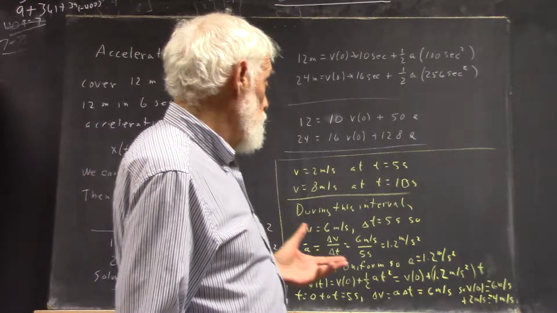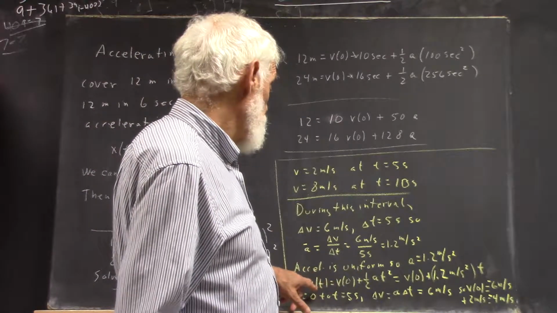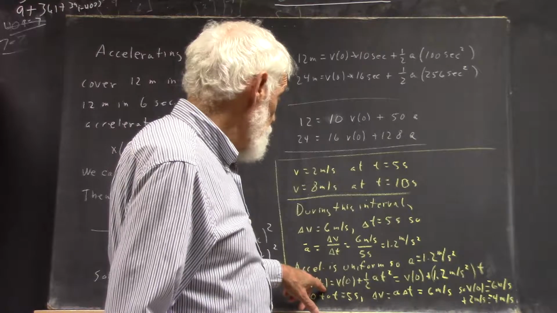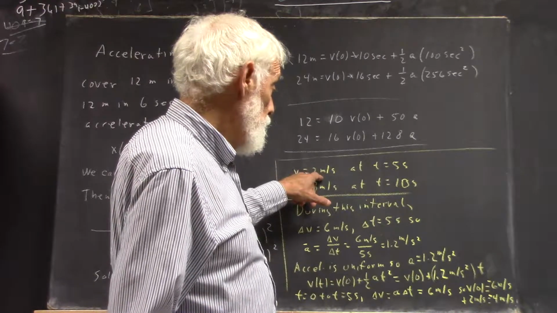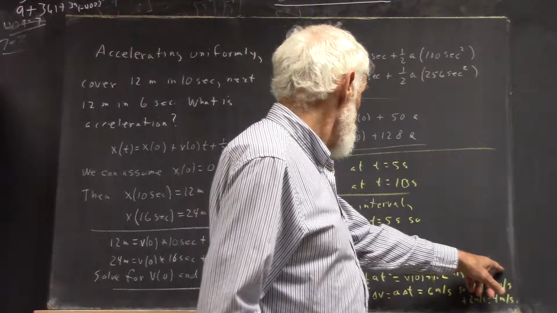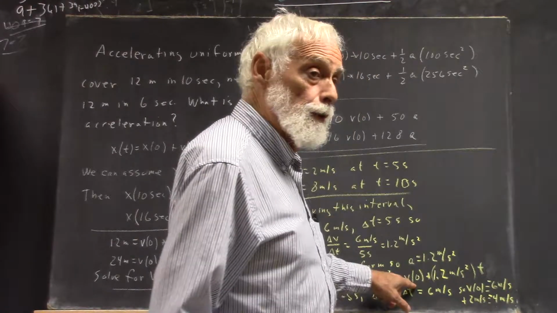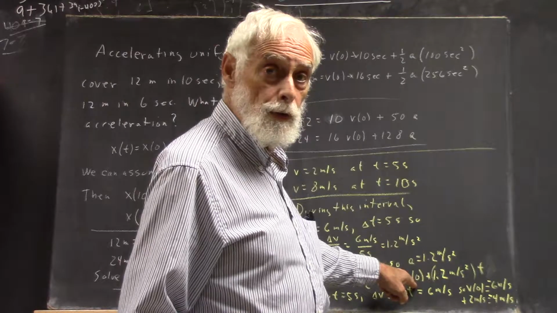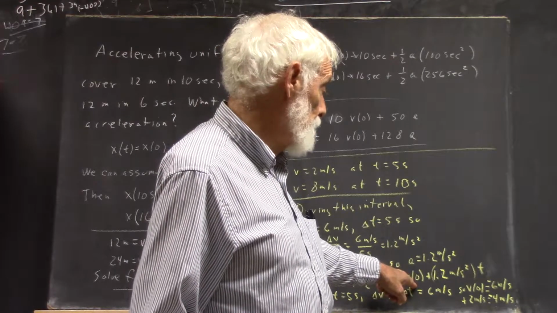I wrote something wrong earlier. Now we could plug in, for example, v of 5 seconds would be 2 meters per second. So if we plug in 5 seconds for t and set that equal to 2 meters per second, we can solve for v of 0, and we never needed to use simultaneous equations.